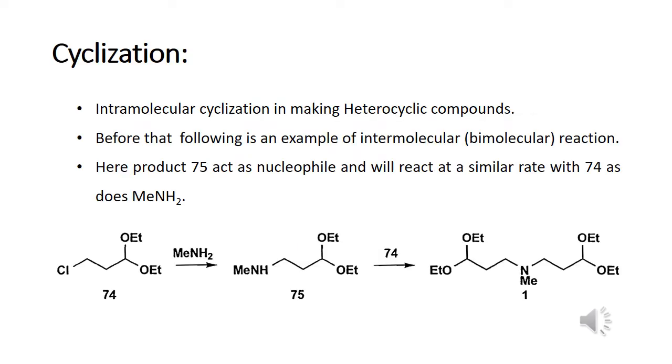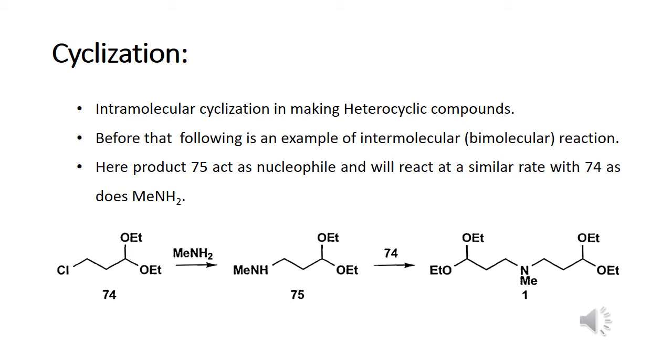To synthesize saturated heterocyclic compounds, we need to begin with cyclization. But before we start, we need to study intermolecular cyclization in making heterocyclic compounds. Here is an example of an intermolecular, or bimolecular, reaction.